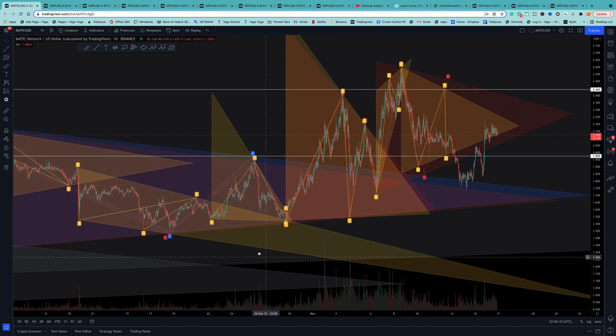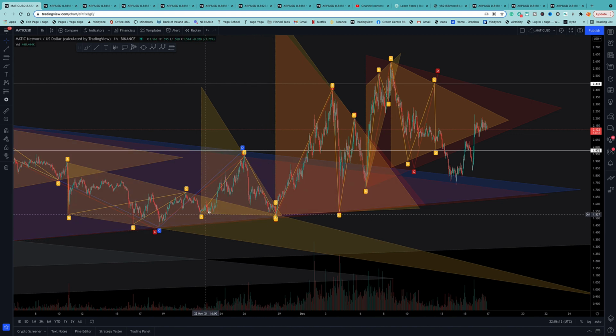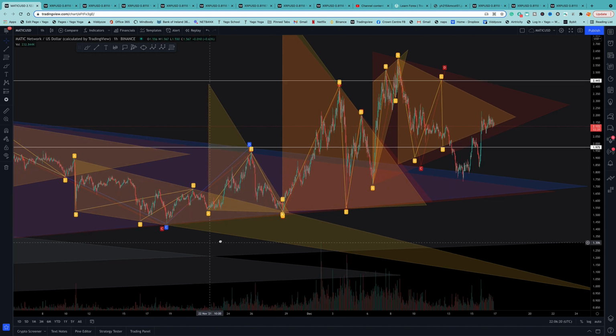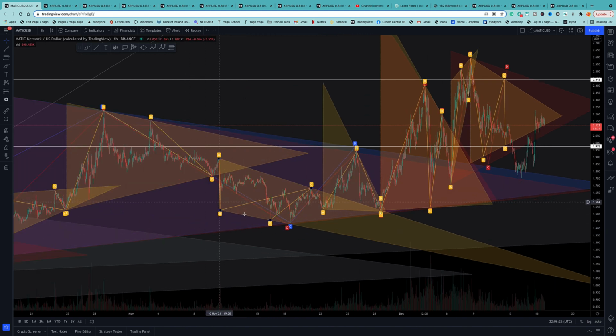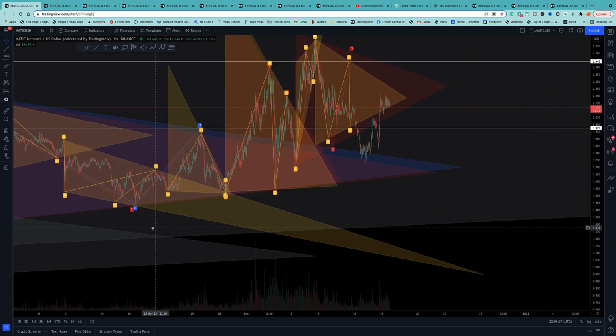I'll tell you what I'm looking at here: why did it go this low? So then what I do is I'm coming back to a previous bottom. So there's a previous bottom, and a wave working up, and we're on the 1 hour.